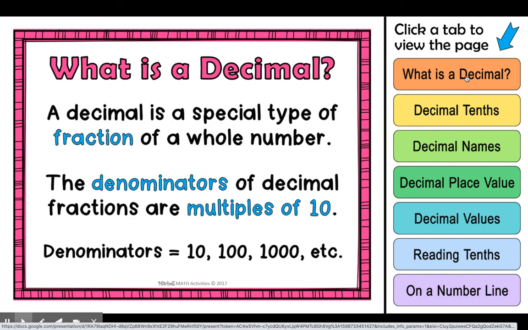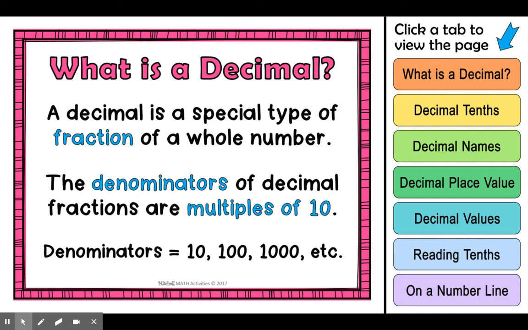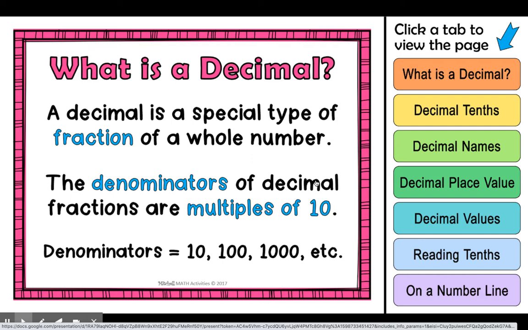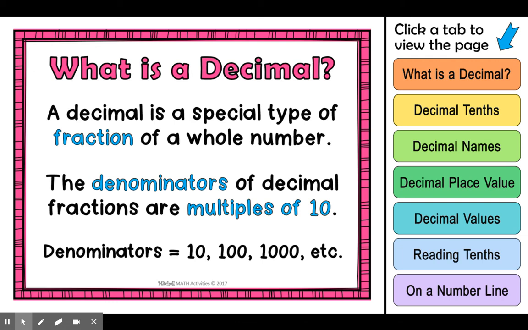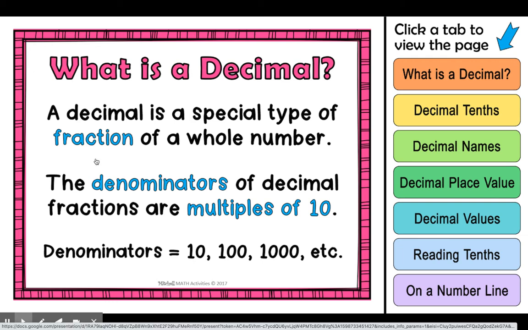So let's begin. What is a decimal? A decimal is, of course, the point that you see in numbers that indicates everything to the right of the decimal point represents a fraction of a whole number or less than one whole.